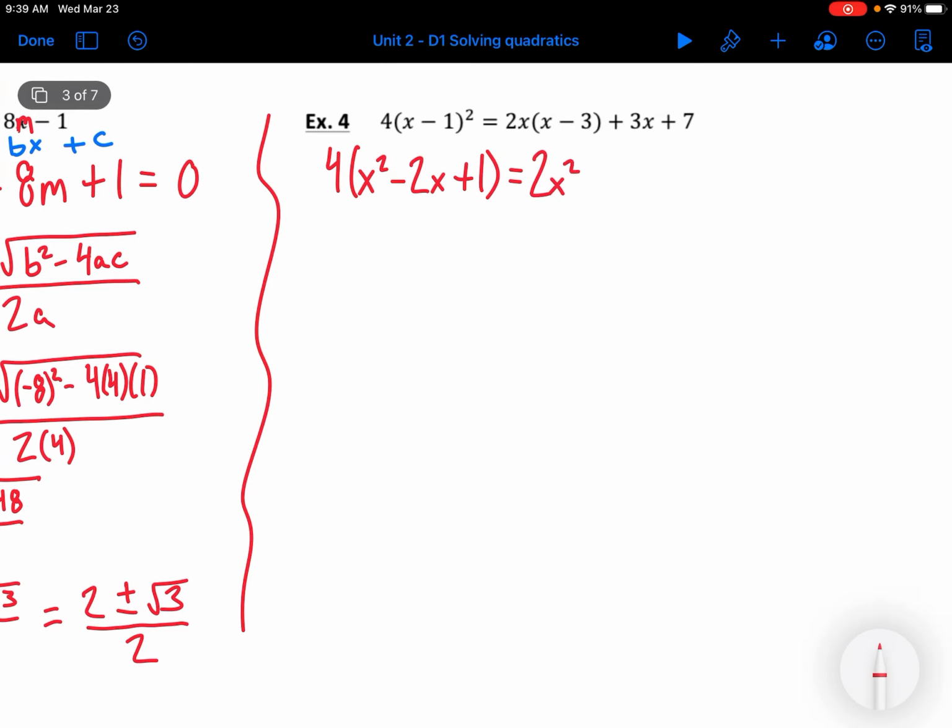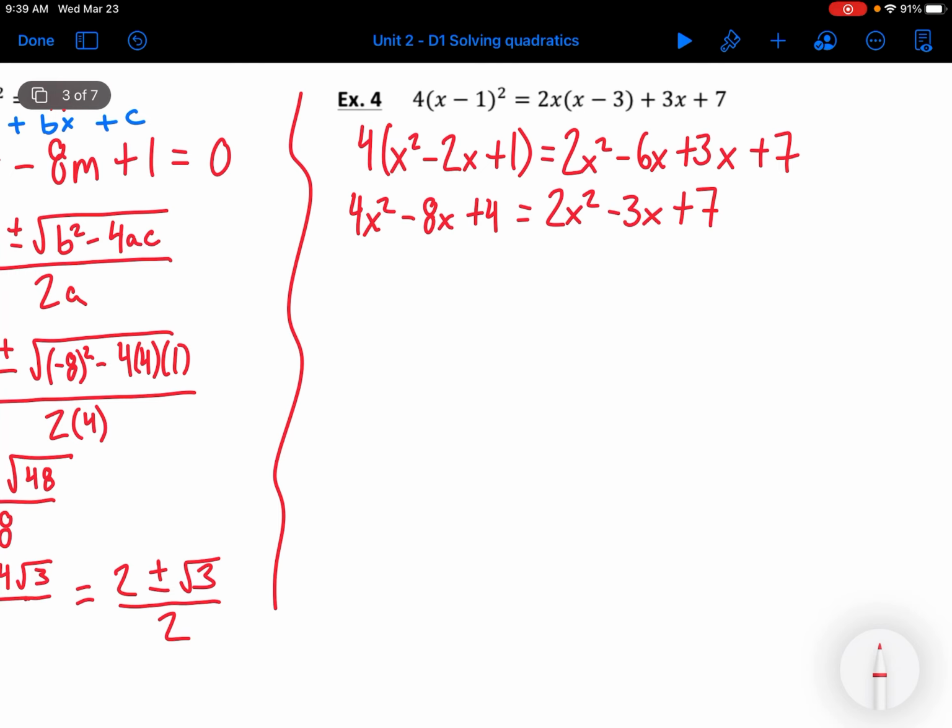So 2x squared minus 6x plus 3x plus 7. Then I'm going to multiply this through, so we get 4x squared minus 8x plus 4 equals 2x squared minus 3x plus 7. Kind of simplified a little bit there.